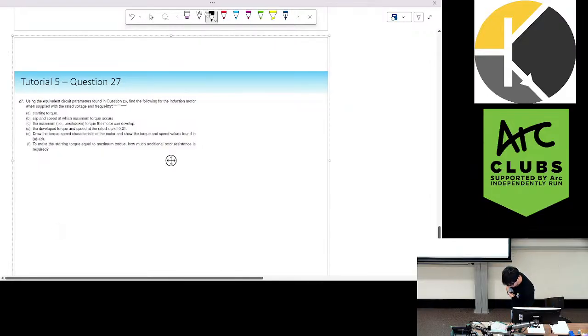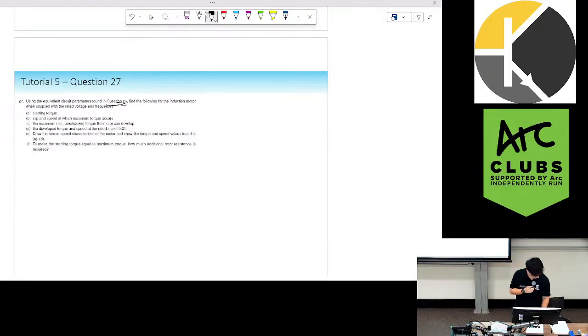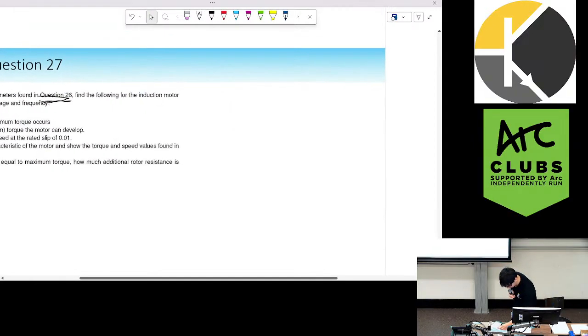One thing to note is we're meant to be given a bunch of parameters. I have them written somewhere. Question 27. This one, yes. Okay, so I'll write all the parameters.